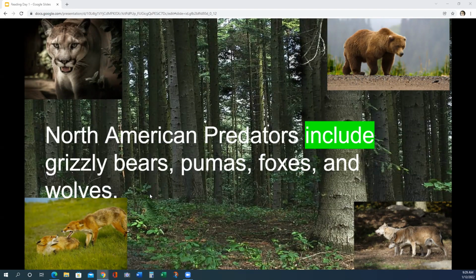They eat other animals. They prey on other animals. That's what they have in common. So the word predators means that they hunt for their food. Okay. So basically, this is an example of giving a definition by giving you a list of examples.